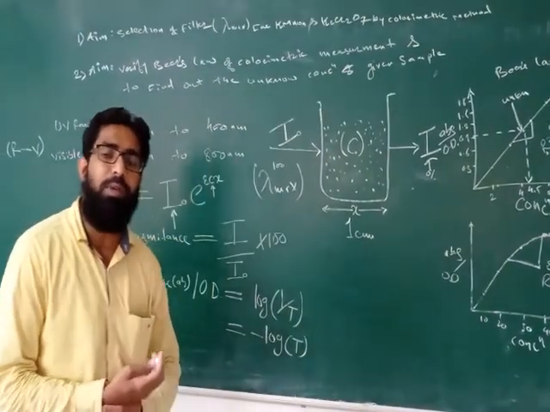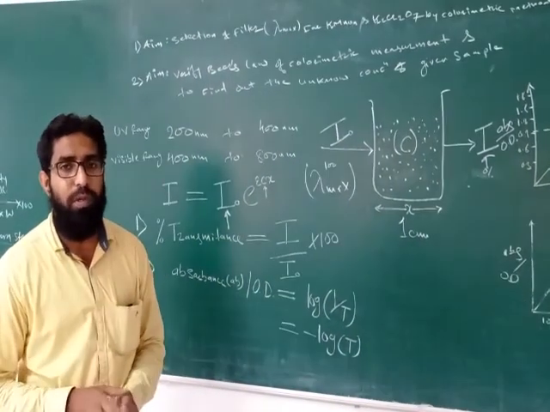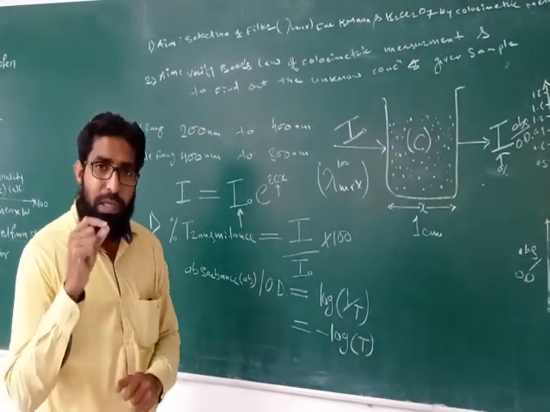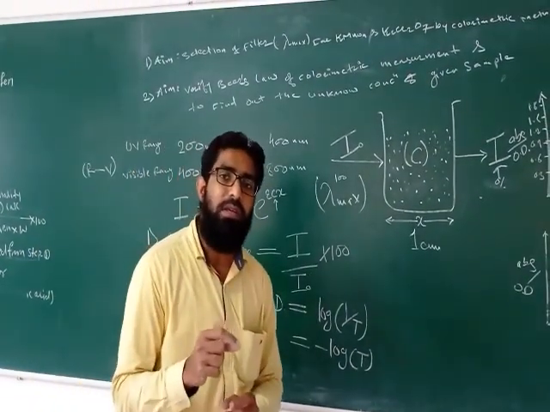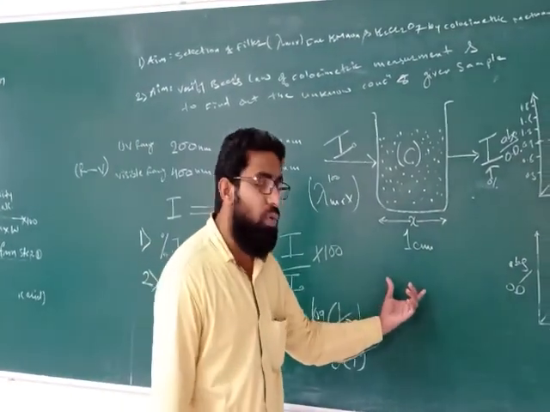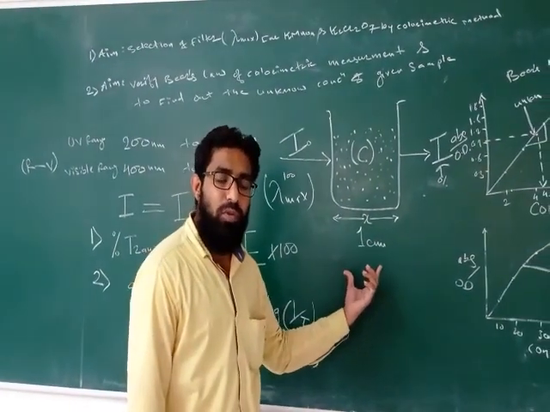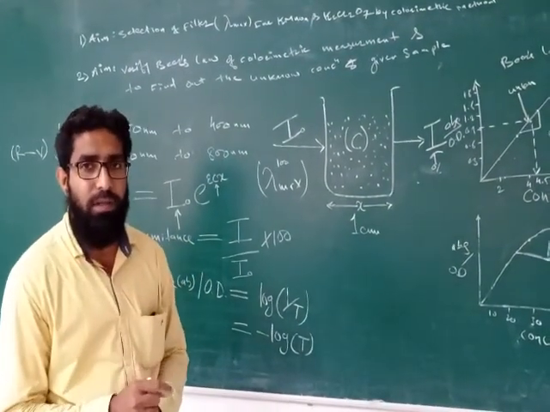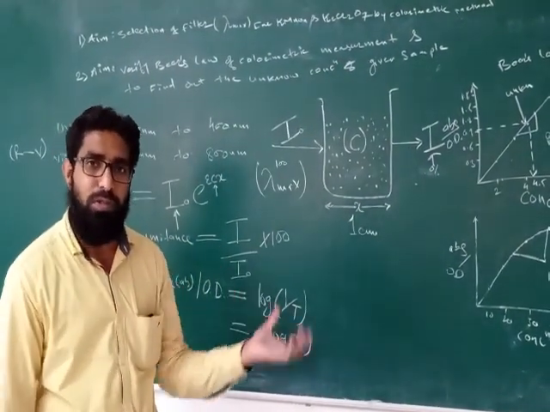As I discussed in theory, UV visible spectroscopy is absorption spectroscopy. Every chemical structure has a characteristic absorption pattern of UV visible radiation. It is an intrinsic property based upon the structure.